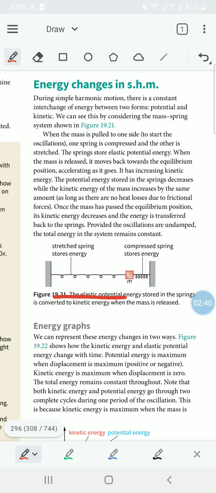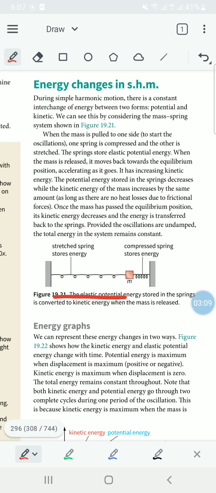When it is released from this point, it moves back to the equilibrium position and accelerates as it goes. When it is accelerating, it gains kinetic energy, so the stored elastic potential energy is converted into kinetic energy. Then when it passes the equilibrium position, it decreases in speed, that is, it is decelerating.